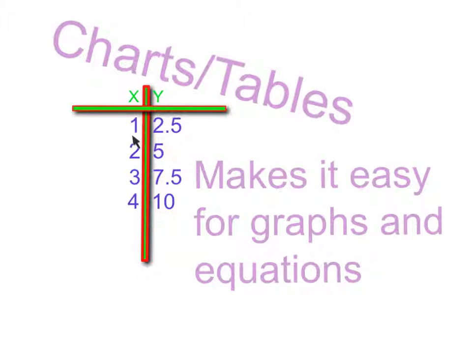If you give it 1 for x, you will have 2.5 times 1 equals 2.5. But if you put in 2, then you do 2 times 2.5, which equals 5, and so on.